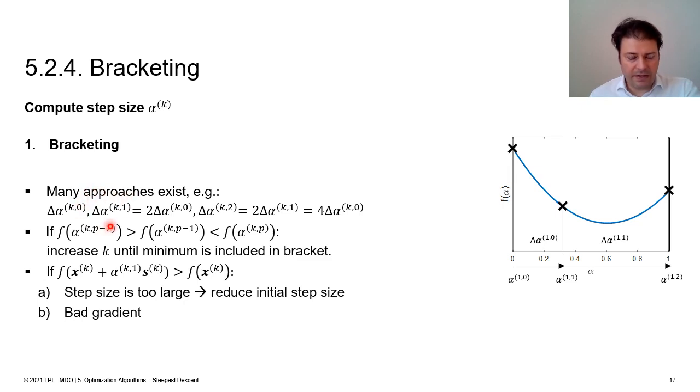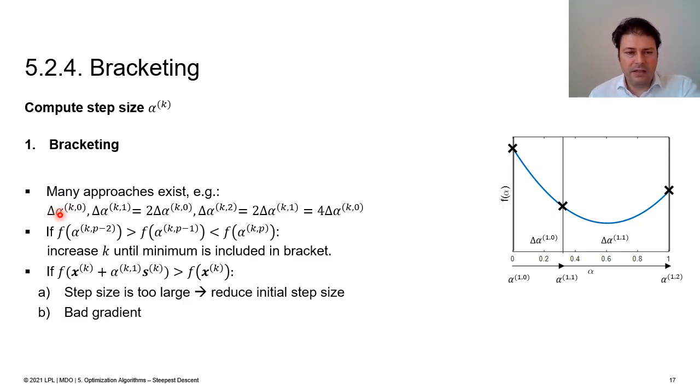Then we define a second interval increment of double the size, and then a third increment of again double the size. And this exponential growth has the advantage that we're independent of the scale of our optimization problem, and we can quickly bridge scales. Just to give you an example, assume that the optimum is at a distance of 1000, and we start with an initial interval of 0.1.